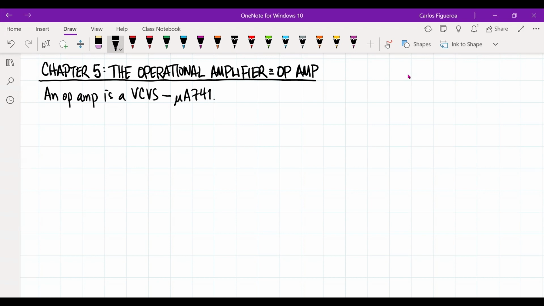It was first invented in 1968, and we would say that it's a voltage differential input voltage amplifier.